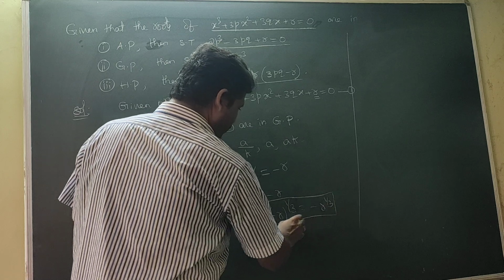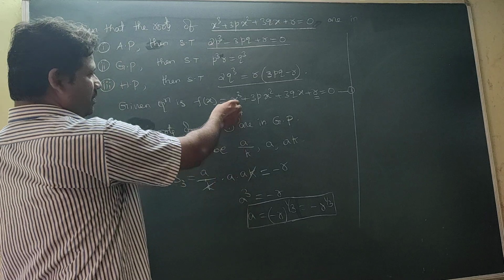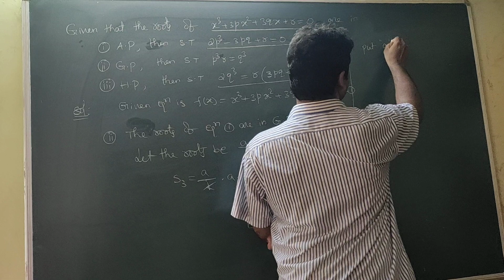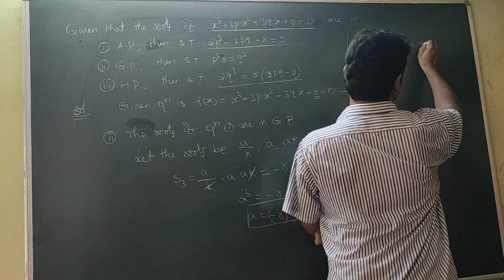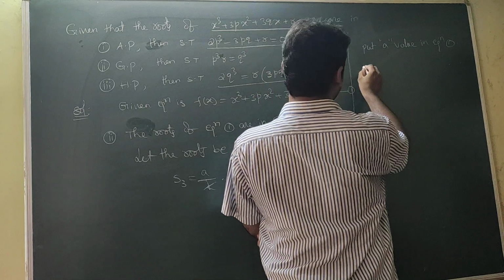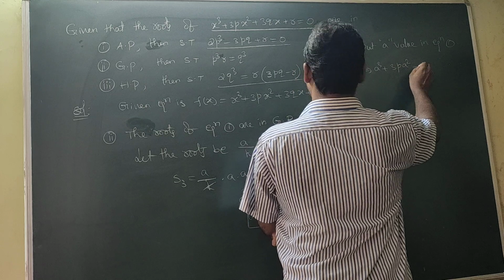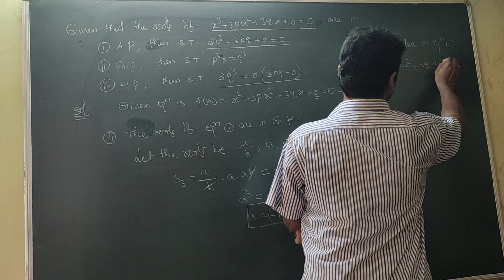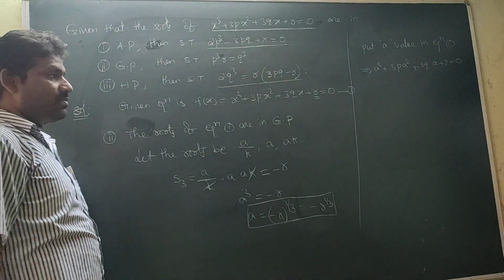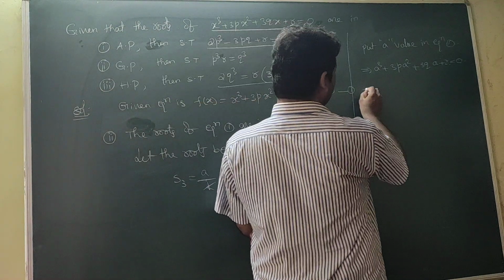So what is the a value? Minus r power 1 by 3. Now substitute a value in the given equation: a cube plus 3pa square plus 3qa plus r equal to 0. Put a equal to this one.